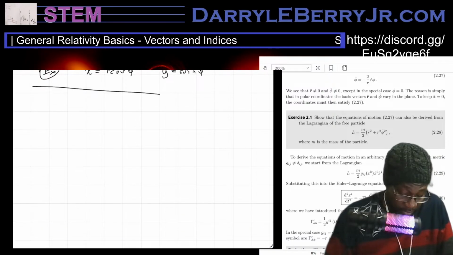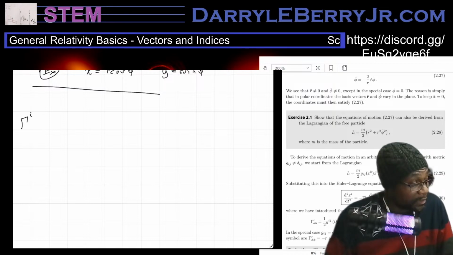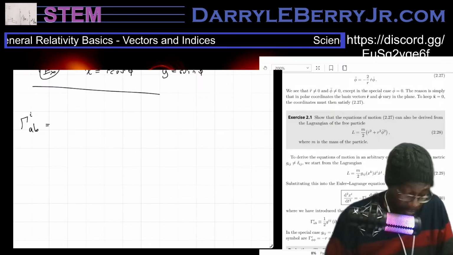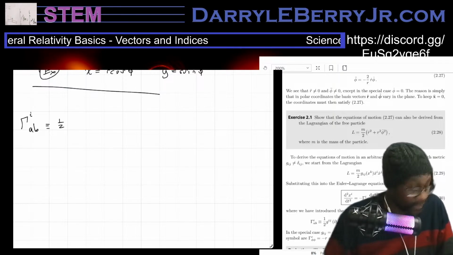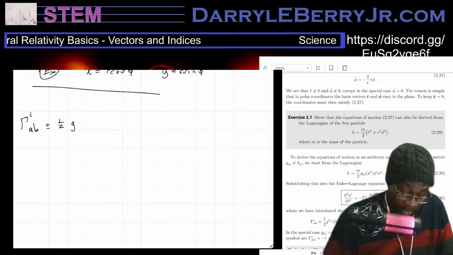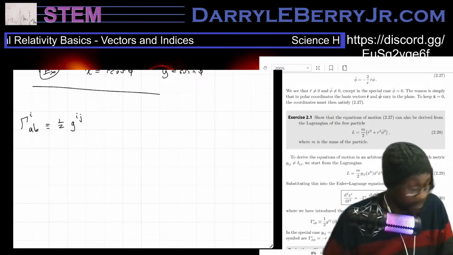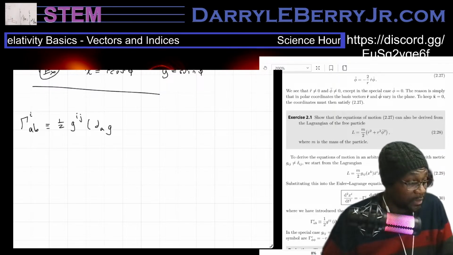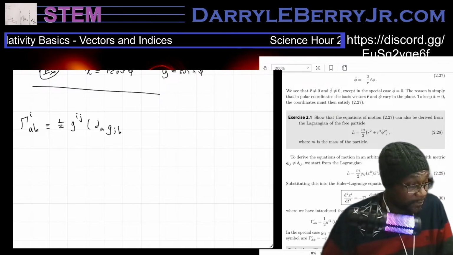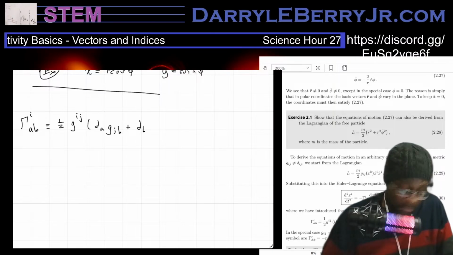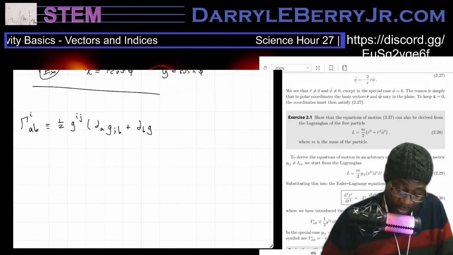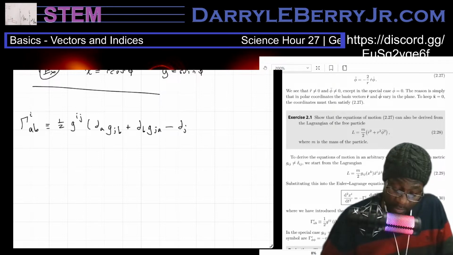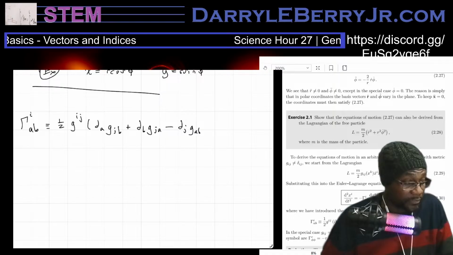The Christoffel symbol Gamma^i_ab is defined as 1/2 g^ij times partial_a g_jb plus partial_b g_ja minus partial_j g_ab.